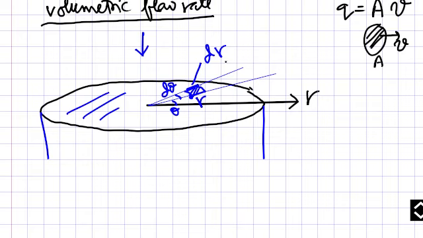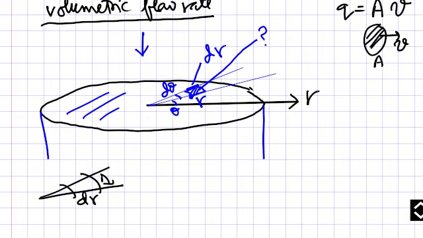Now we will have to find the mathematical expression for this area. If we do a little geometry, you can easily find that this distance is dr, and this is the arc. The arc is the r distance multiplied by the angle.